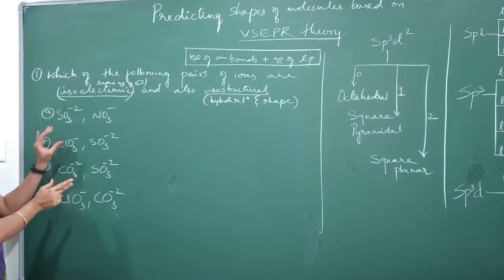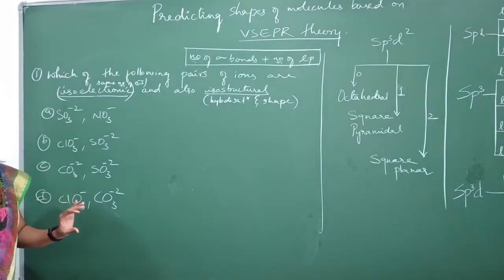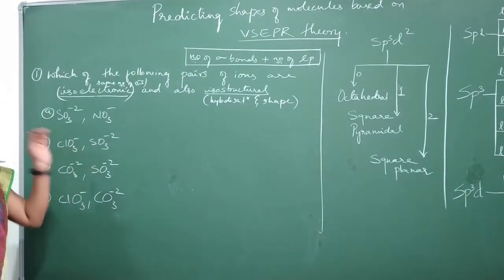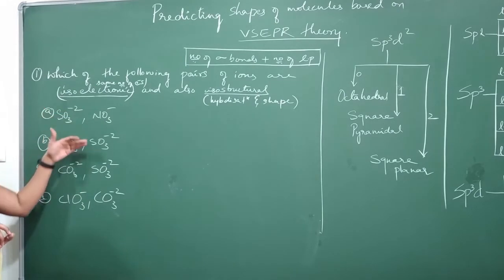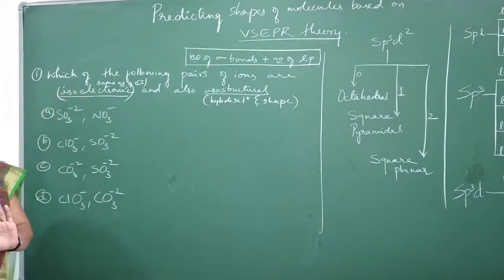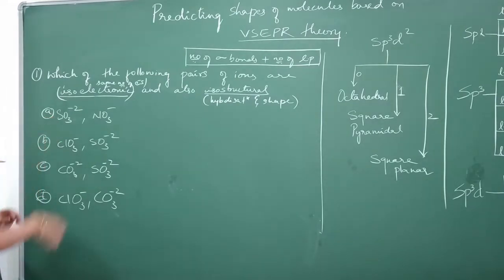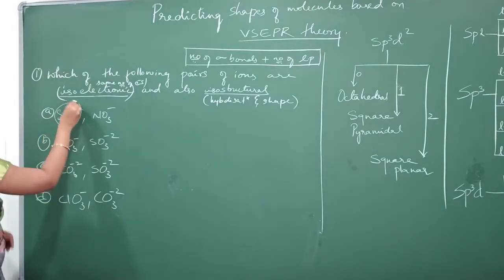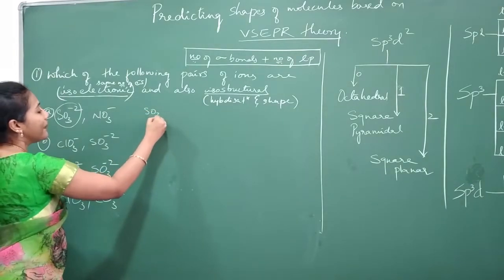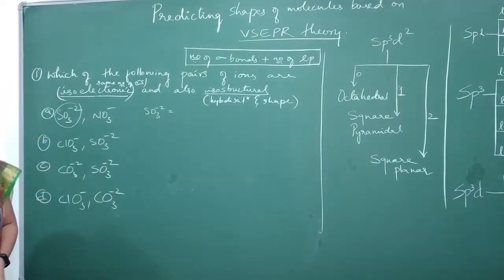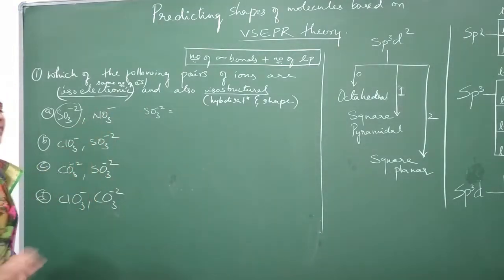That particular option you have to select. Now first we will work out which option is isoelectronic, that means the same number of electrons. So how do you calculate the number of electrons in SO3 2-? Number of electrons in SO3 2-. Sulfur atomic number is how much?